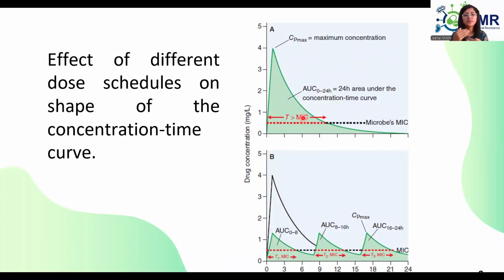Indeed, increasing the drug concentration beyond 4 times, 6 times the MIC does not increase the microbial killing for such antibiotics. I'm giving some examples, like beta-lactam antibiotics such as penicillin, and the antifungal agent 5-fluorocytosine. So if we give 5 times, 6 times, that doesn't mean they are killing more microbes.